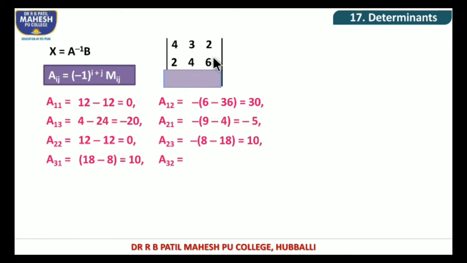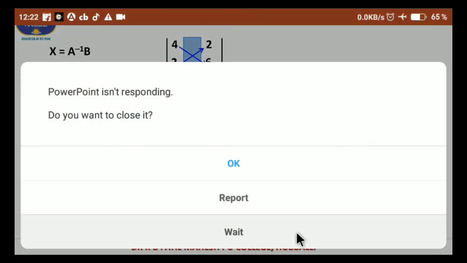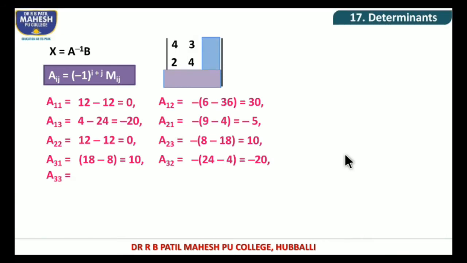Then for A32 that is 24 minus 4, then it is minus 20. Then for A33 we have to delete the third row and third column. Then it is 16 minus 6, then it is 10.